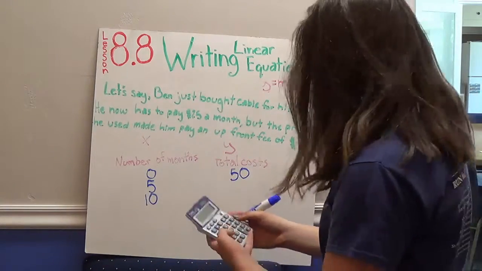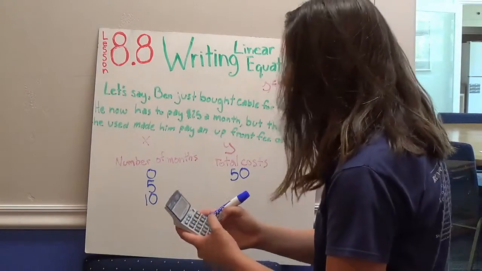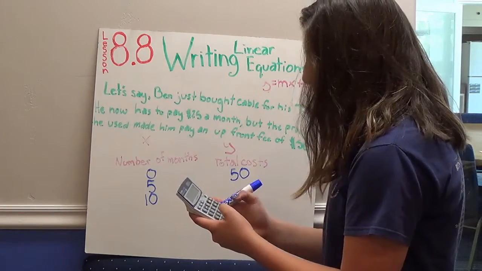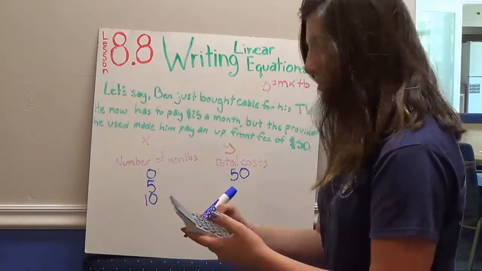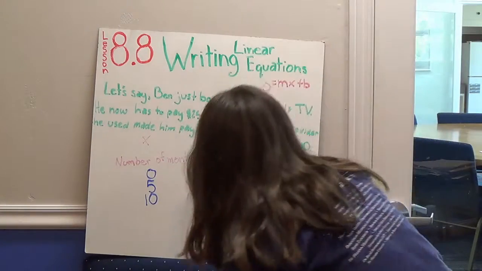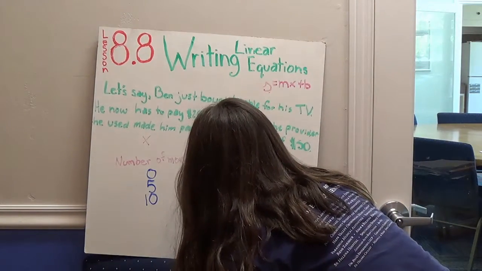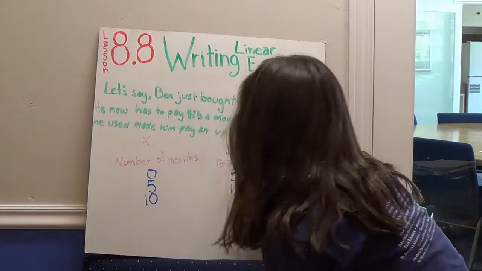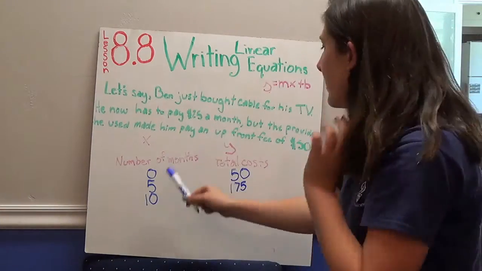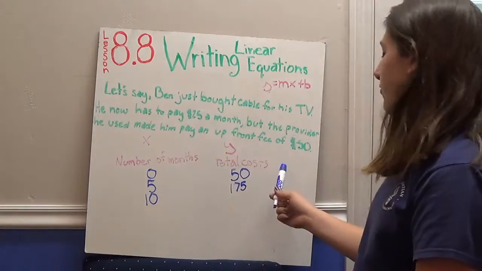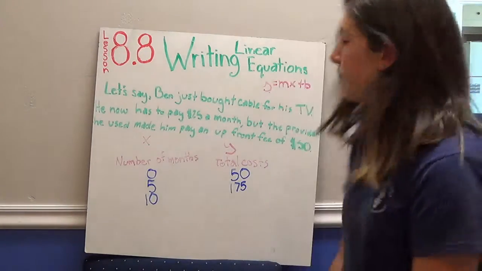So what you're going to end up with is 25 times 5, which equals 125, plus 50, which is 175. And then 10 would be 10 times 25 plus 50, which equals 300.